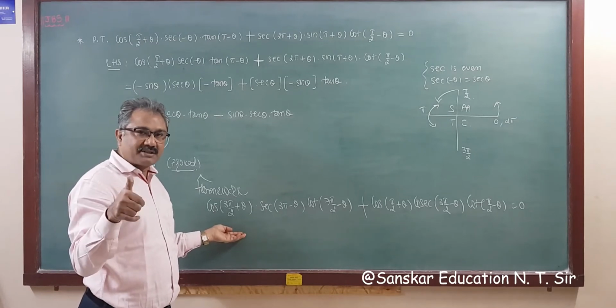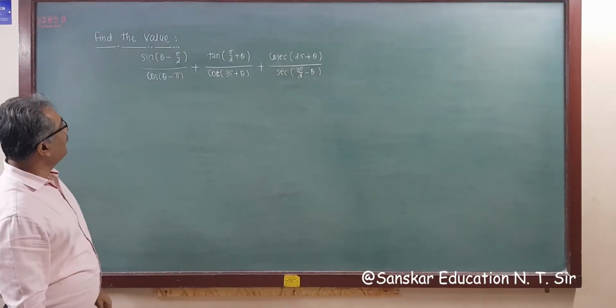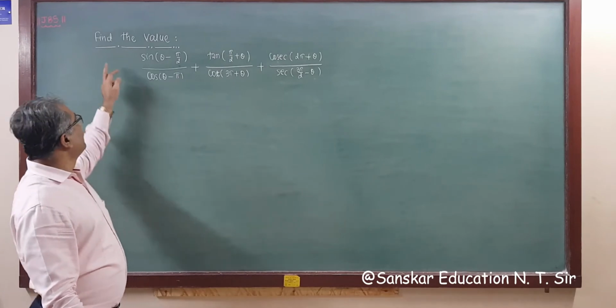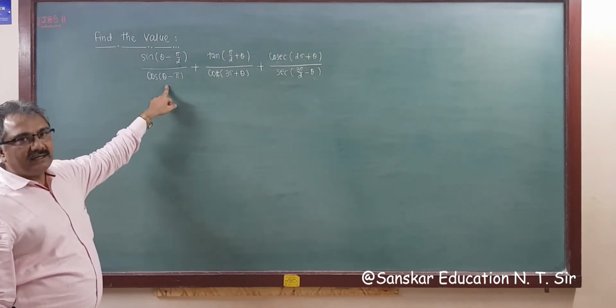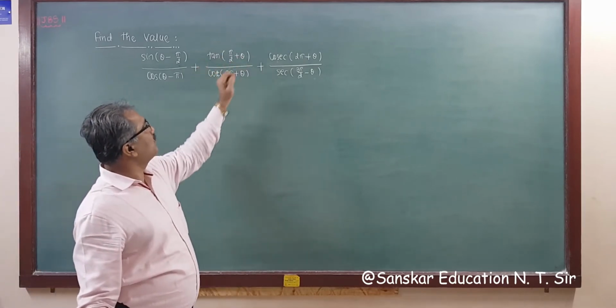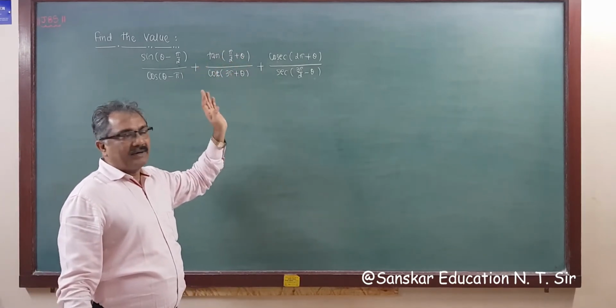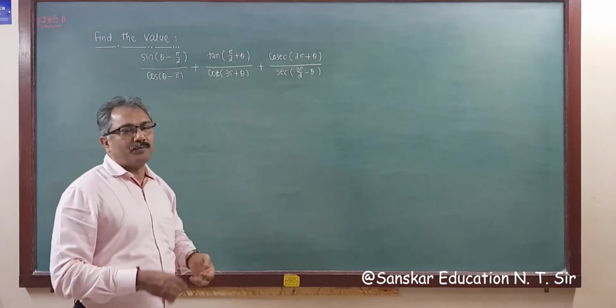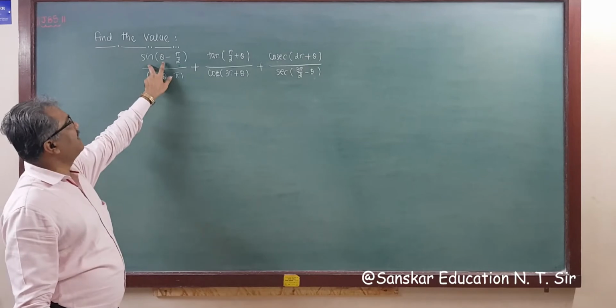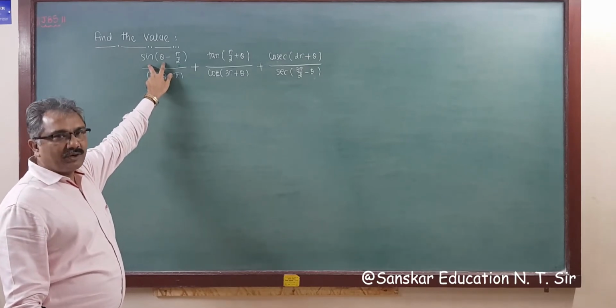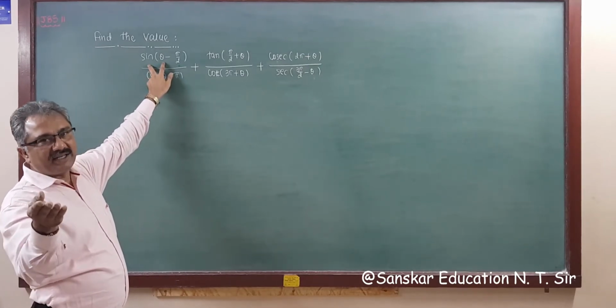So do it yourself. Another question for your practice: find the value of sin(theta - pi/2) cos(theta - pi) + tan(pi/2 + theta) cot(3pi + theta) + cosec(2pi + theta) / sec(3pi/2 - theta). Now first of all, this is sin(theta - pi/2). We have to take minus common because we want pi/2 minus theta.